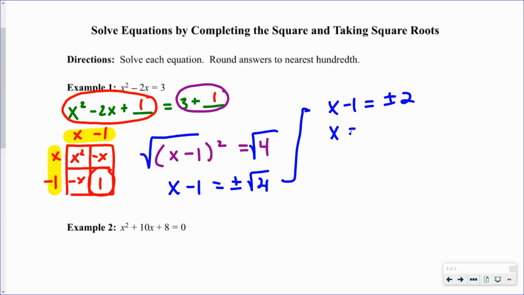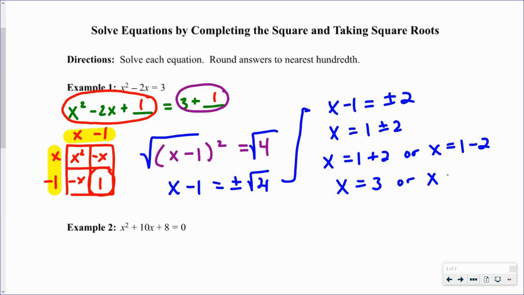Then we add 1 to both sides. So our solutions are x equals 1 plus 2 or x equals 1 minus 2. So 1 plus 2 is 3, or 1 minus 2 is -1. So the solutions to this equation are x equals 3 or x equals -1.